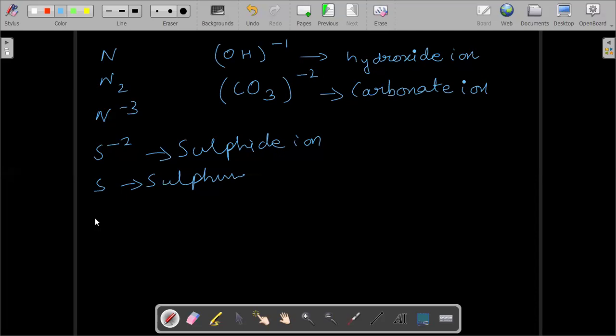Some ions have variable charges, but still they cannot have anything. You cannot write S-10, that is not possible. So you may need to remember the valency or charge of each one.